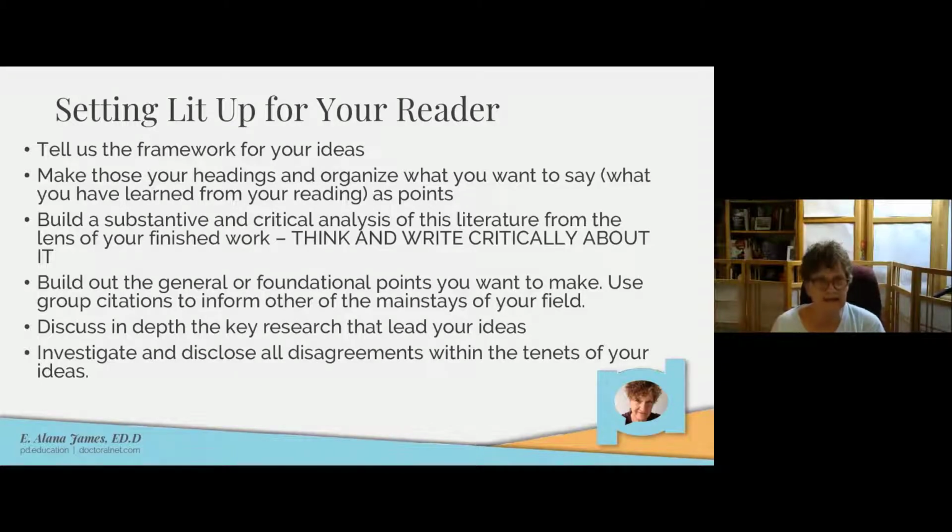It's not easy. Within the pd.education site, if you type in critical, you can even go to the left-hand side and pull down criticality, and you'll get critical reading, critical writing, critical research, critical analysis. It's a way of looking at the world from the other person's point of view.